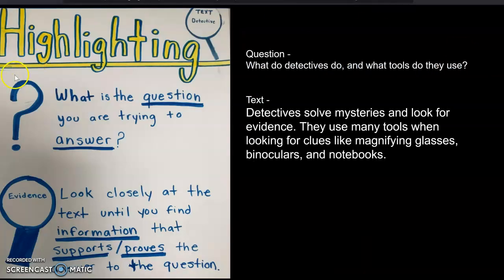The tool that we are going to use to do that is highlighting. I just highlighted the word highlighting. So when we're reading Giant Squid versus Sperm Whale, we have to ask some questions. We have to figure out what the questions are that we're trying to answer.